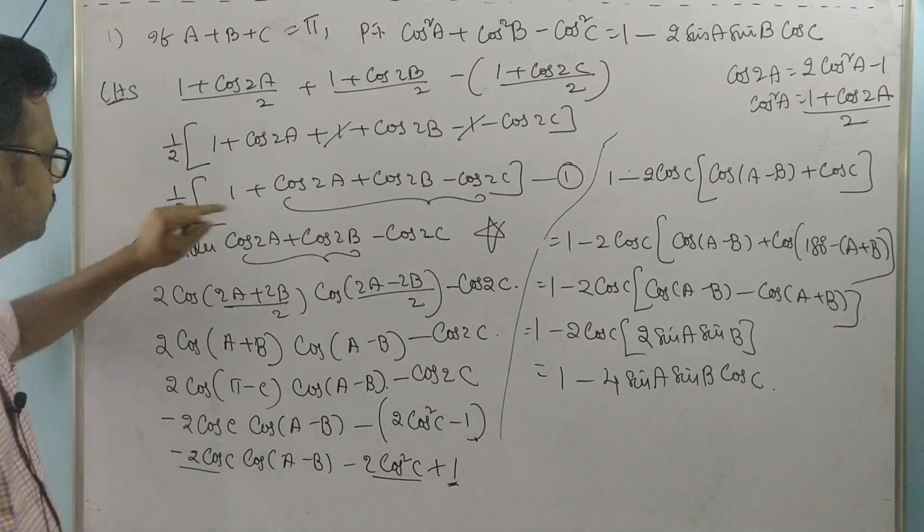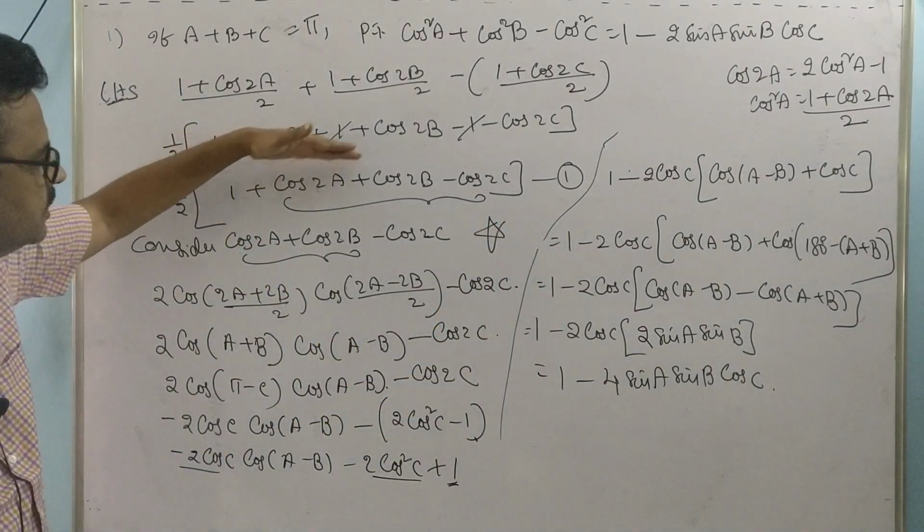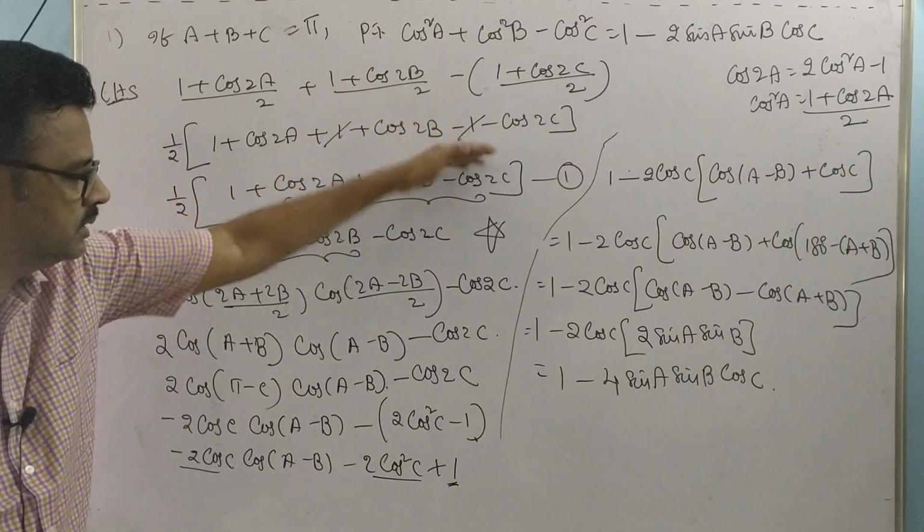Now what about from 1? In place of cos 2A plus cos 2B minus cos 2C, you write the value.